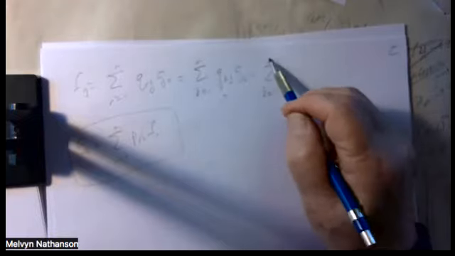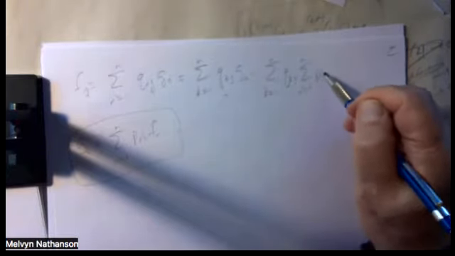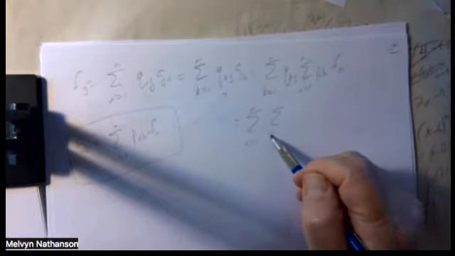So this is summation k goes from 1 up to n, q_kj, summation i goes from 1 up to n, p_ik f sub i. I can interchange summations. I get p_ik q_kj times f sub i equals f_j.